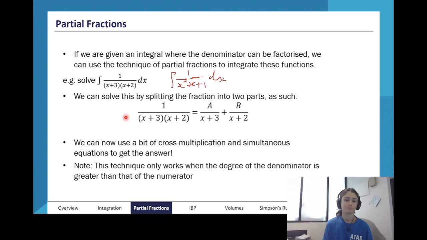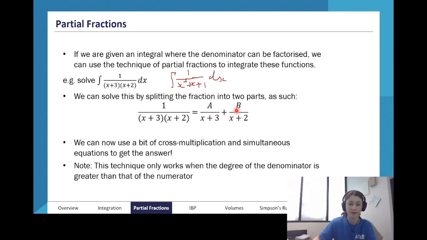So we can solve this by splitting the fraction into two parts. What you need to do is get each of your linear factors and put them on the bottom of the fraction and split them up into a sum with A and B on the top.